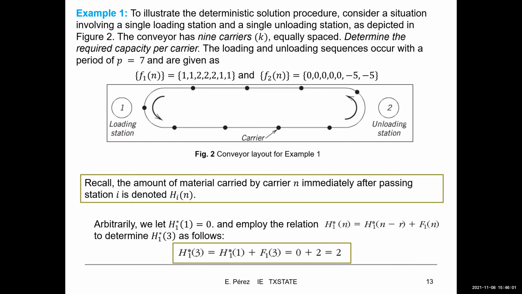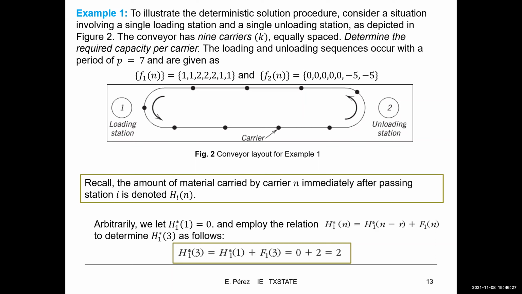As I stated in our previous lecture, we're going to use this initial solution and plug that into this piece of the equation, H1 star N minus R. That initial piece is going to help us find the next value.